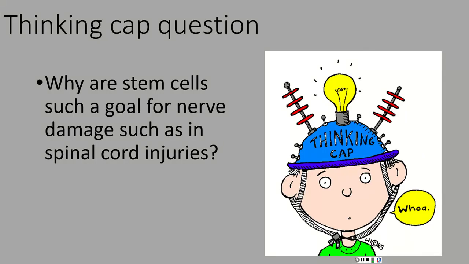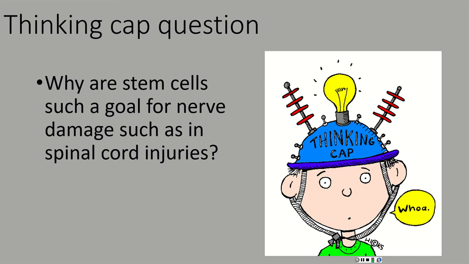So let's use that as a thinking cap question. Why are stem cells such a goal for nerve damage, such as in spinal cord injuries? You've probably heard about the debate, is it ethical, should it be done? We're not going to talk about that. We're not going to talk about the ethics or whether it should be done. We're going to talk about the scientists that want to be able to use stem cells.